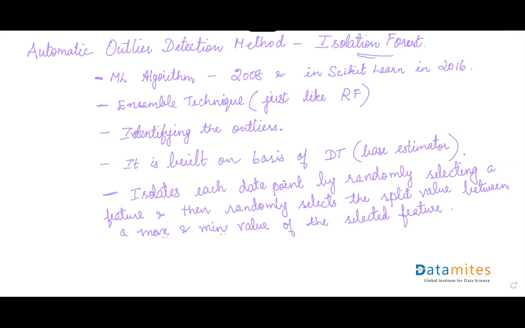The ultimate aim of this isolation forest is to separate each data point from the others, and it is going to check the path length of each data point to get itself isolated.